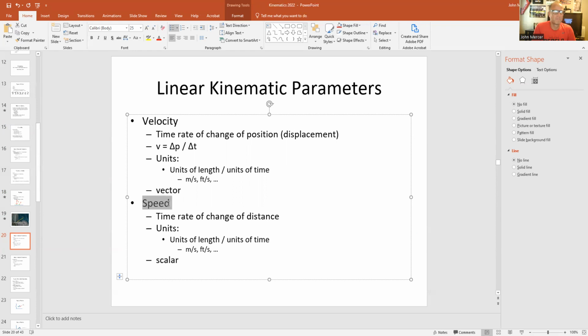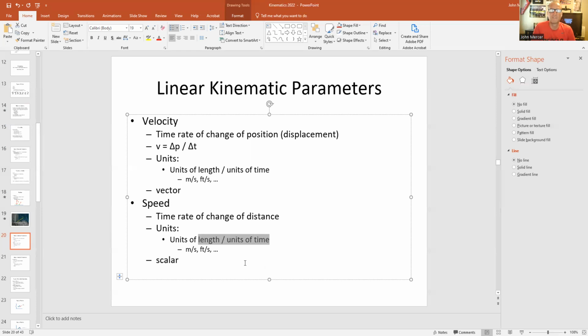The other parameter that's closely associated with velocity is speed. You've got a speedometer in your car, and that tells you how fast you're going, 30 miles per hour, 50 miles per hour, what have you. Speed is the time rate of change of distance. Okay, so not displacement, but distance. The units are the exact same units as velocity, any units of length over any units of time.